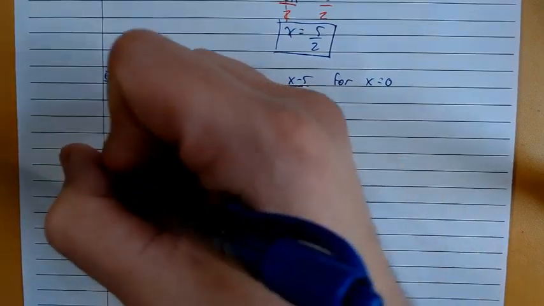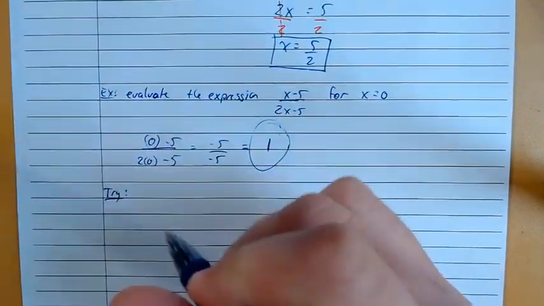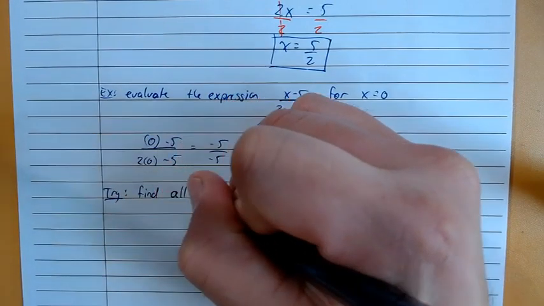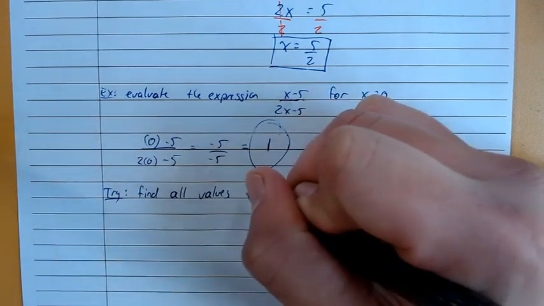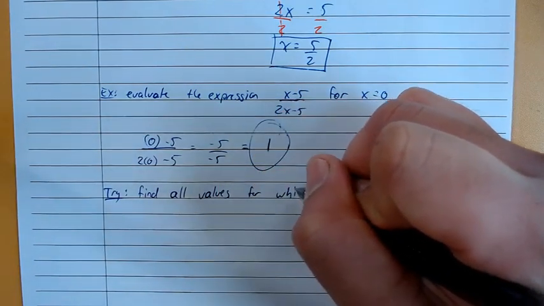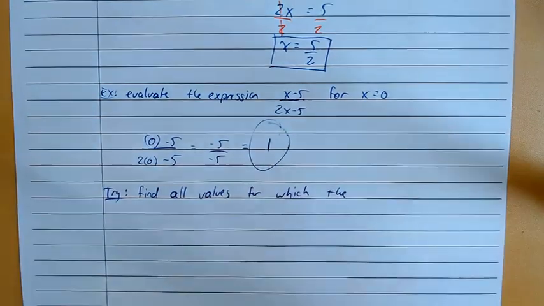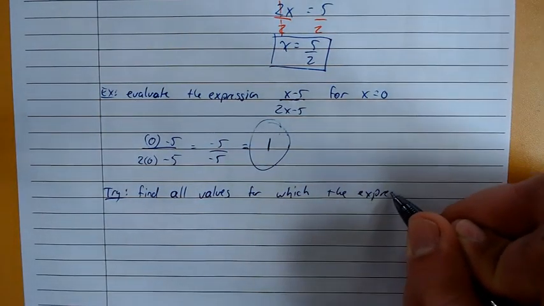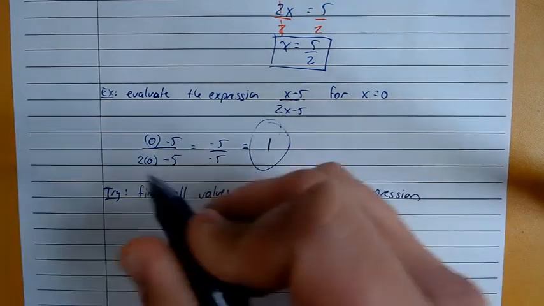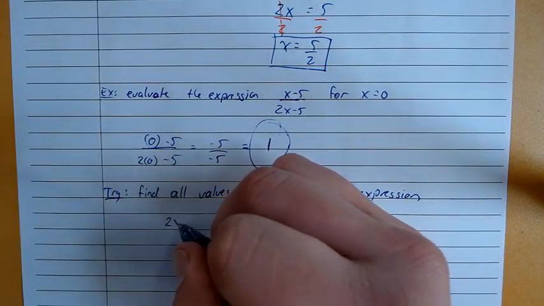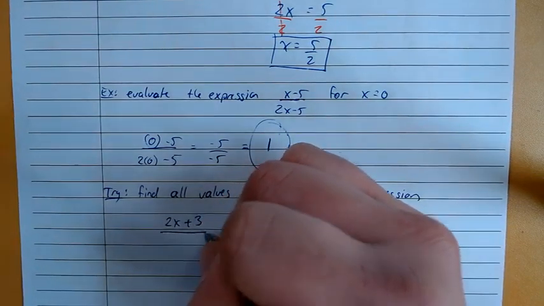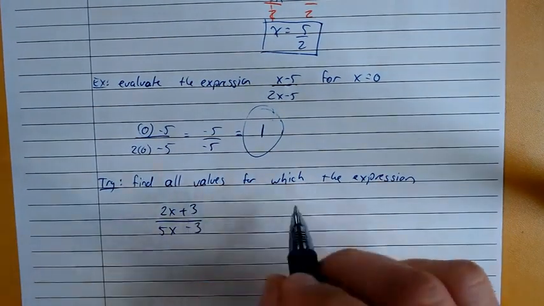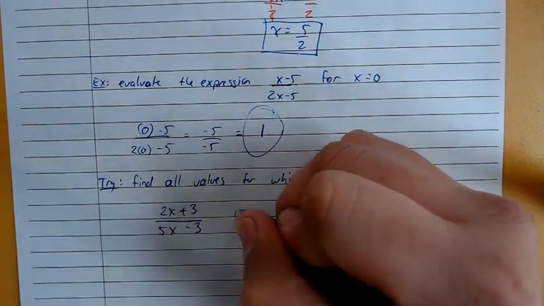Okay. So go ahead and give this a try. I'm going to ask you 2 questions here. First of all, you're going to find all values for which the expression, let's say, 2x plus 3 over 5x minus 3, is undefined.